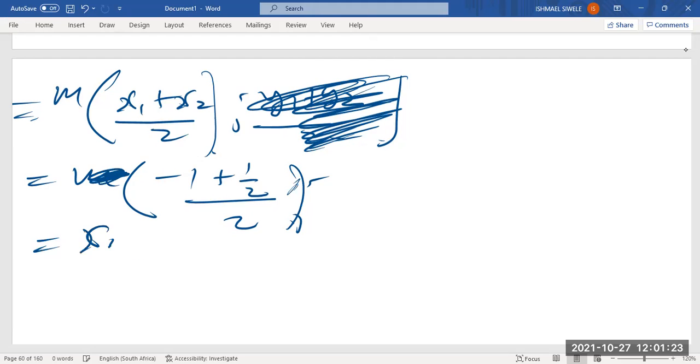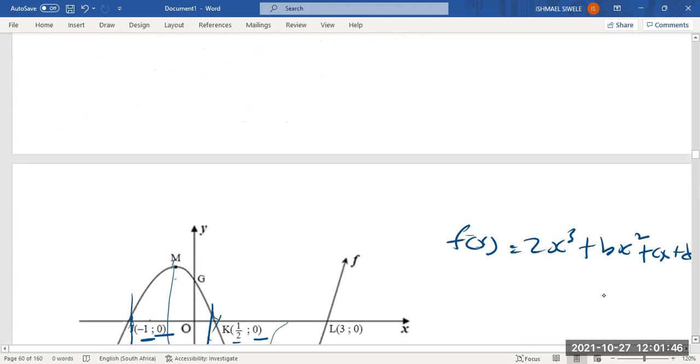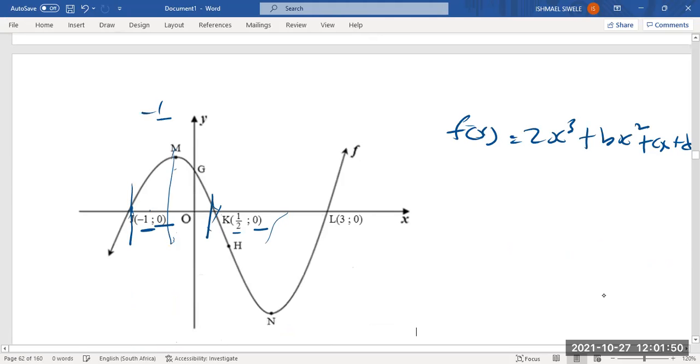So x at M will therefore be negative 1 plus 1 over 2, divided by 2. This is negative 1 over 4.